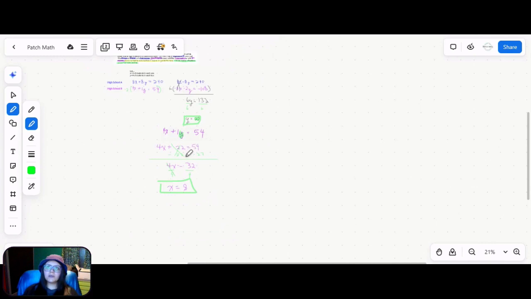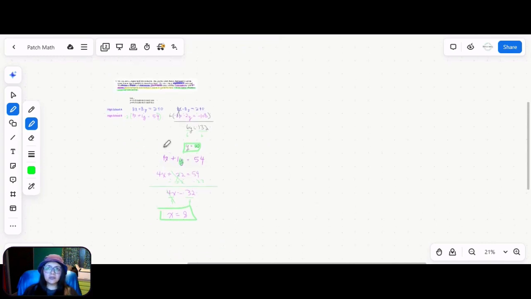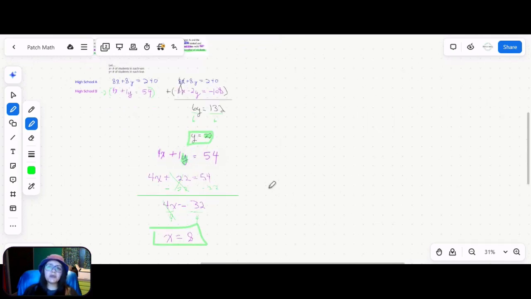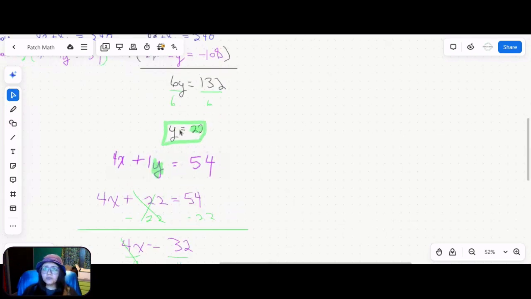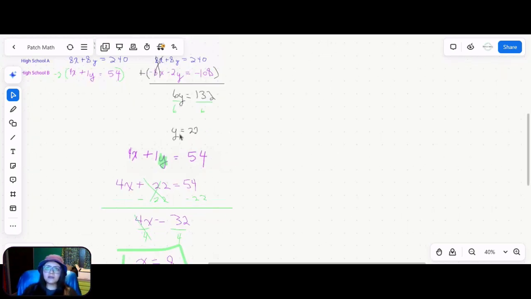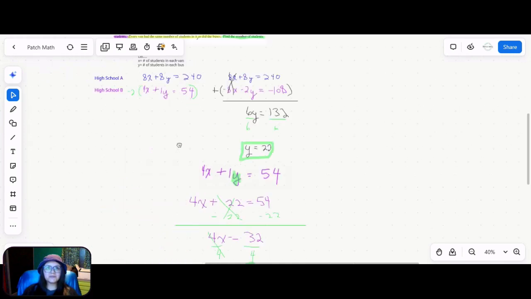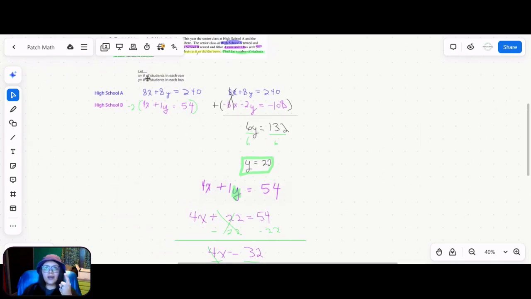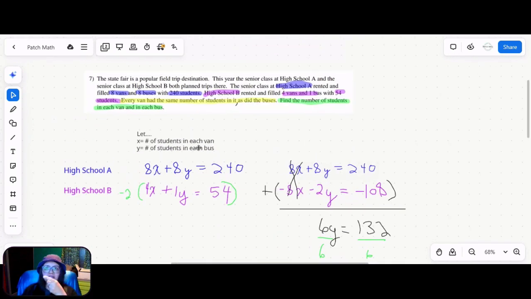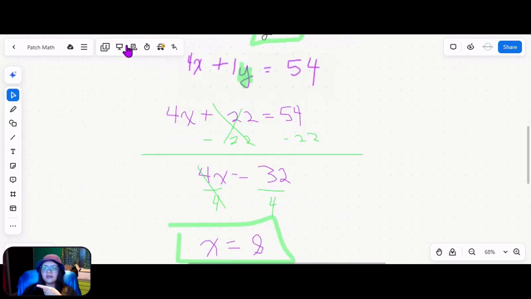Now, normally, because we are dealing with a linear system, this would be an ordered pair, and it's still an intersection on the graphs, but we are dealing with a word problem here. So what did we just find? Well, we found that x, we let x equal the number of students in each van.